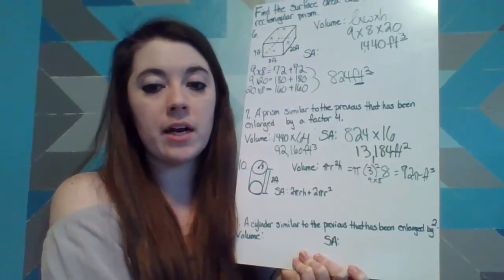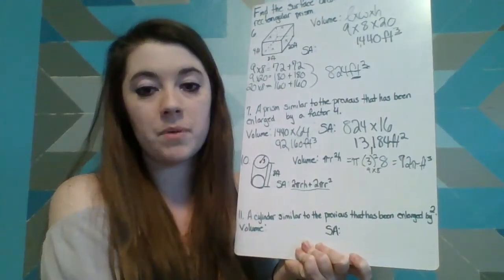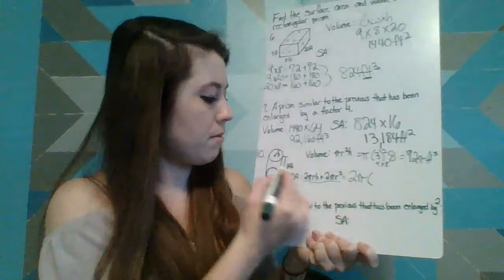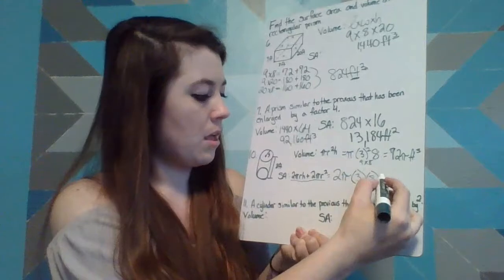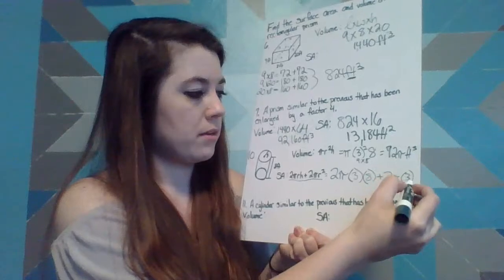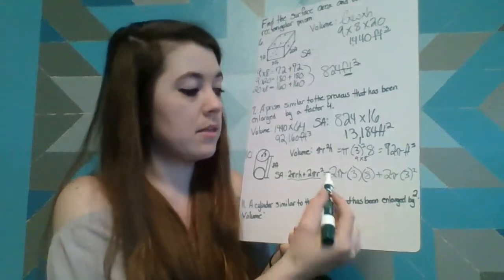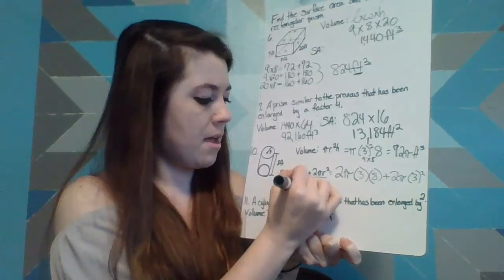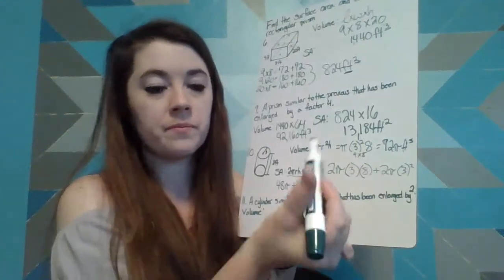Now for surface area, we have this big long equation. Remember, we looked at this in a previous lesson. So we're going to have 2 pi, remember our radius is 3, times the height, which was 8, plus 2 pi radius squared, so 3 squared. All right, 3 times 2 is 6. 6 times 8 is 48 pi plus 3 squared is 9. 9 times 2 is 18.